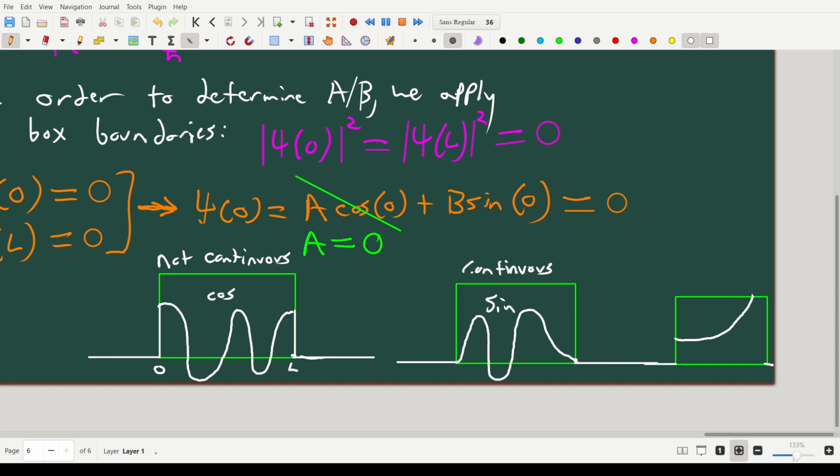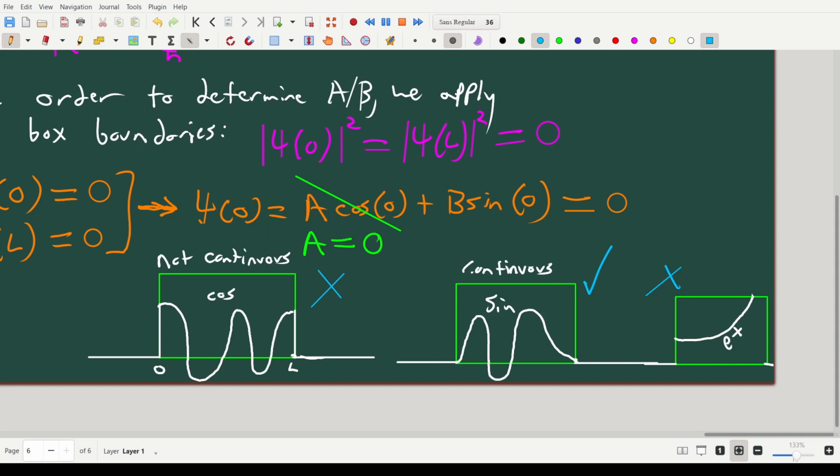This is e to the x, so that's a really bad choice. It does satisfy the differential equation, but it doesn't satisfy the property that the system must be continuous. So that means the only answer is sine. I want to put a big fat check mark on this one, and an x on this one.